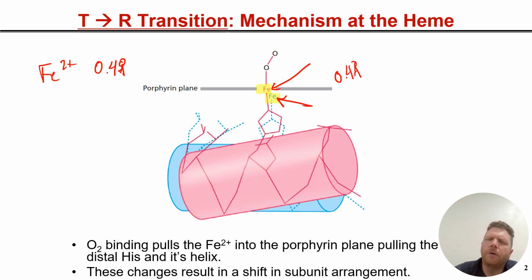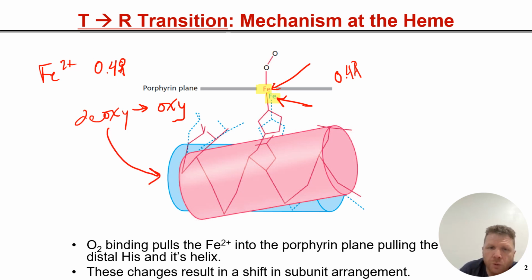Now, the thing that's a little bit tricky about this is that O2 is pulling that iron up. So this is our transition from deoxy to oxyhemoglobin. What this causes is our deoxy, depicted by this blue cylinder here, is one of those helices of our hemoglobin, or of our myoglobin for that matter, the deoxygenated protein.